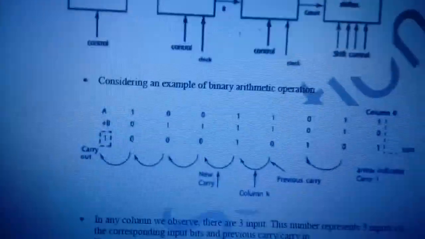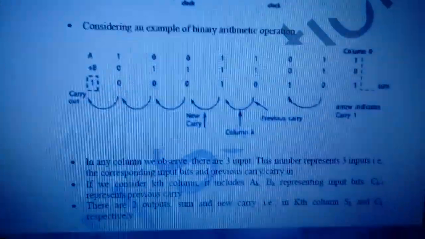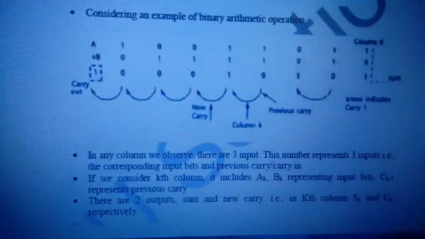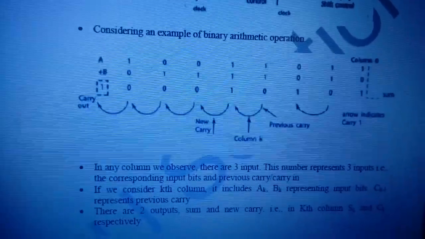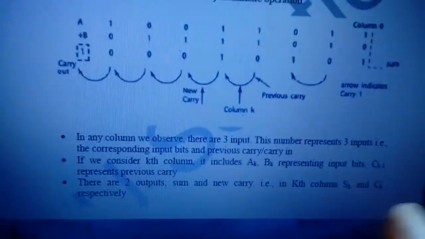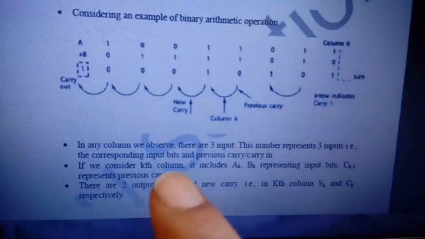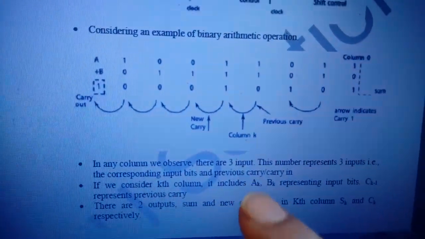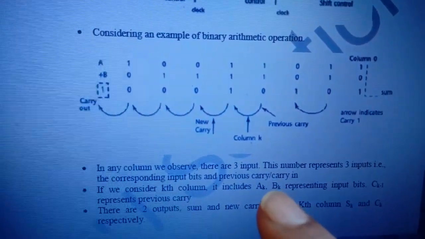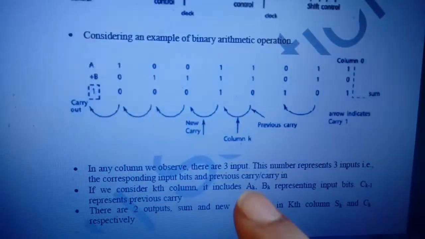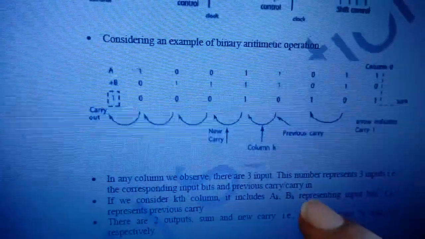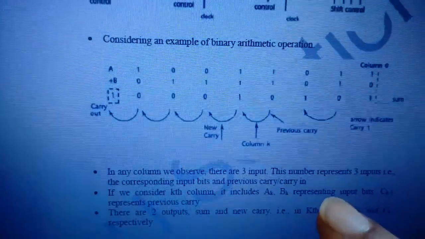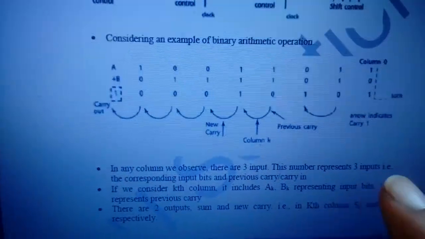In any column we observe there are 3 inputs: the corresponding input bits and the previous carry in, and there is a carry out. If we consider the kth column, instead of n, it includes AK and BK. The kth column for the A bit is represented as AK, and the kth column for B is represented as BK, which represent the input bits.